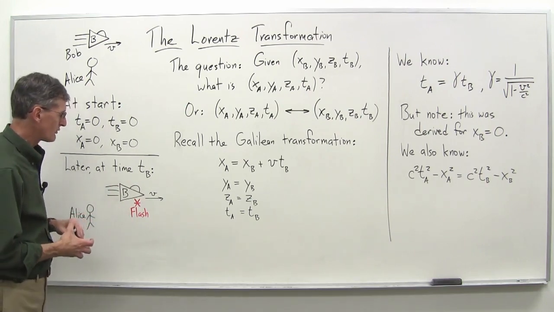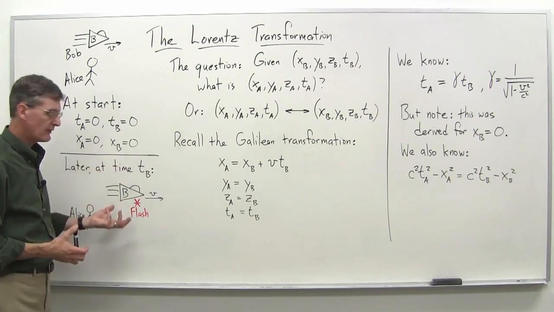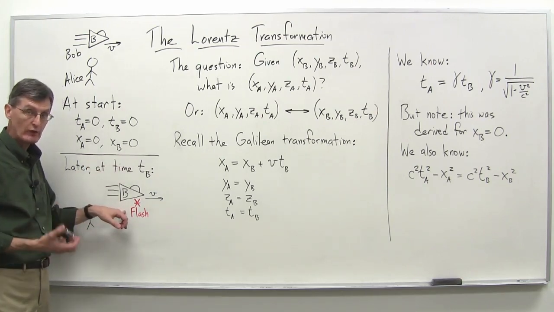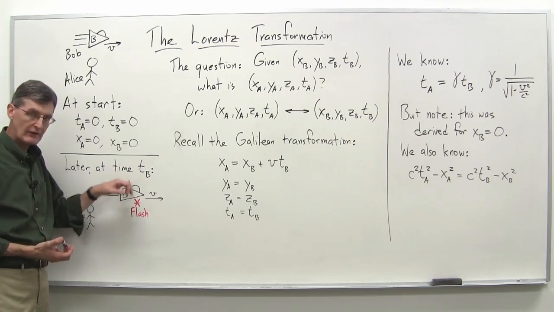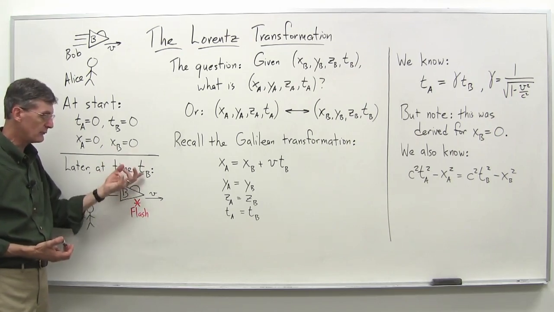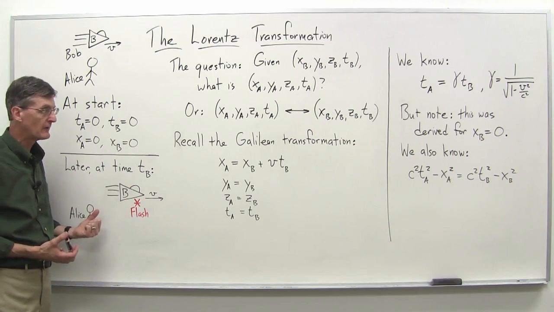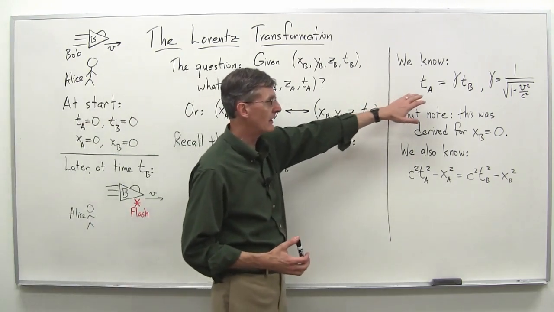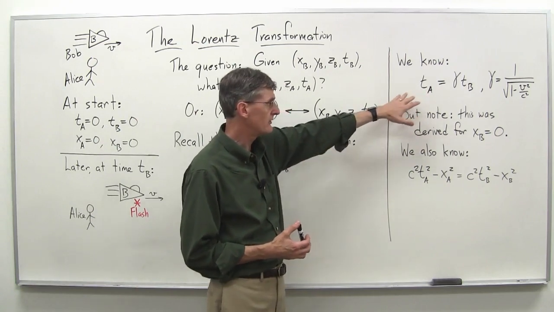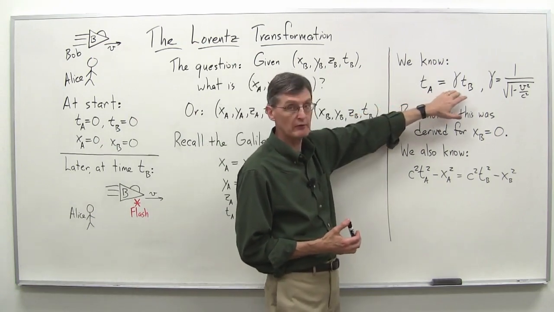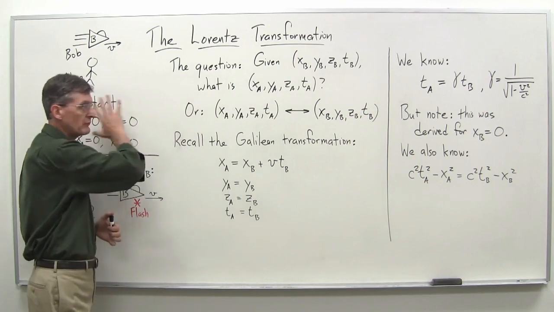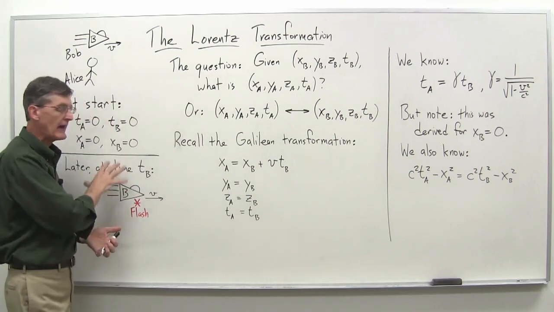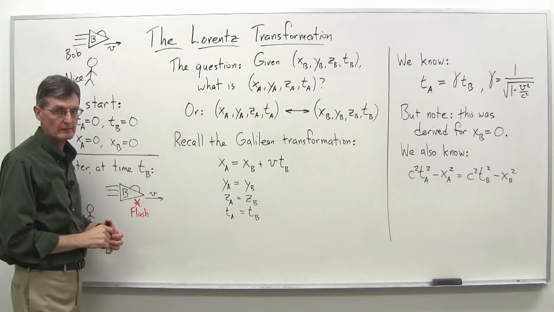And we actually could then figure out where Alice sees that flash of light and what time, given the x location for Bob and the time t sub b for Bob. We could figure that out for Alice. In particular, one thing we'd use would be our time dilation equation, TA equals gamma TB. Remember, Alice is observing Bob's clock moving, and therefore time dilation will occur for Alice observing Bob's clock.